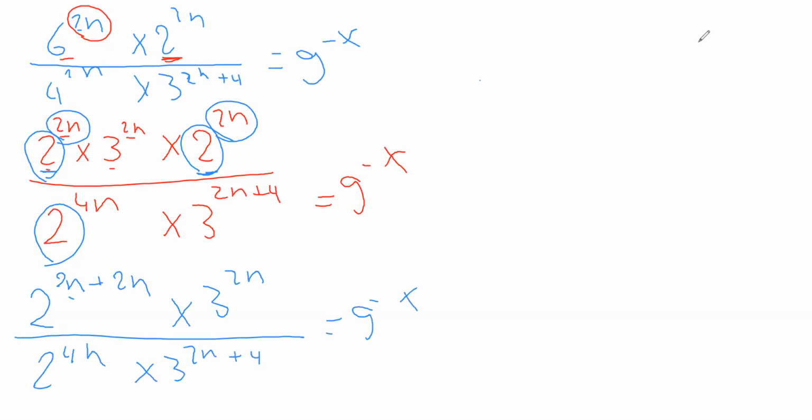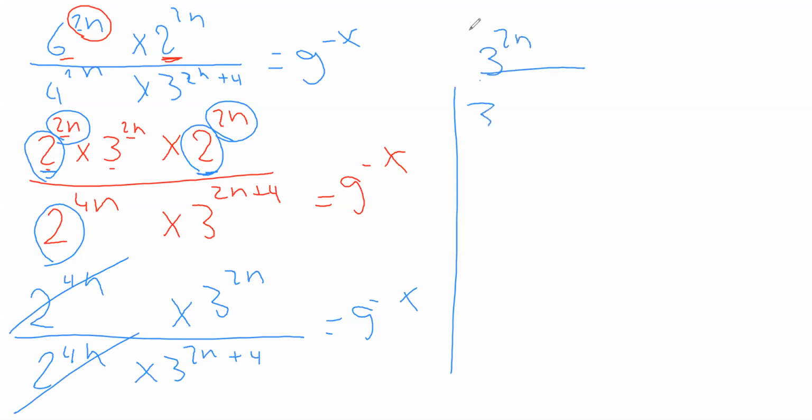Let's add them: 2n plus 2n, as long as it's the same n, it becomes 4n, so 2 power 4n. So they will cancel with the one below. The same 2 power 4n equal 2 power 4n. So I still have 3 power 2n over 3 power 2n plus 4 equal 9 power negative x.